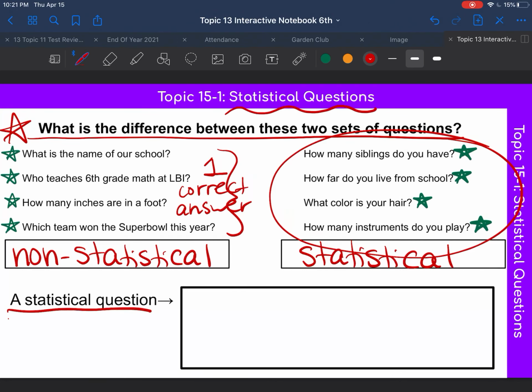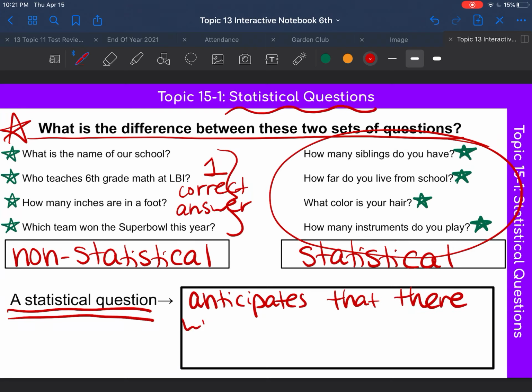So the true definition of what a statistical question is: a statistical question, when asked, anticipates that there will be a variety of different answers.